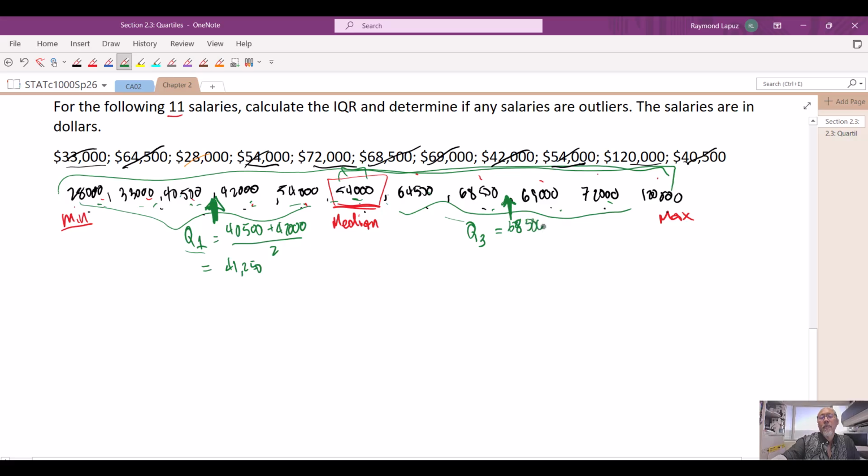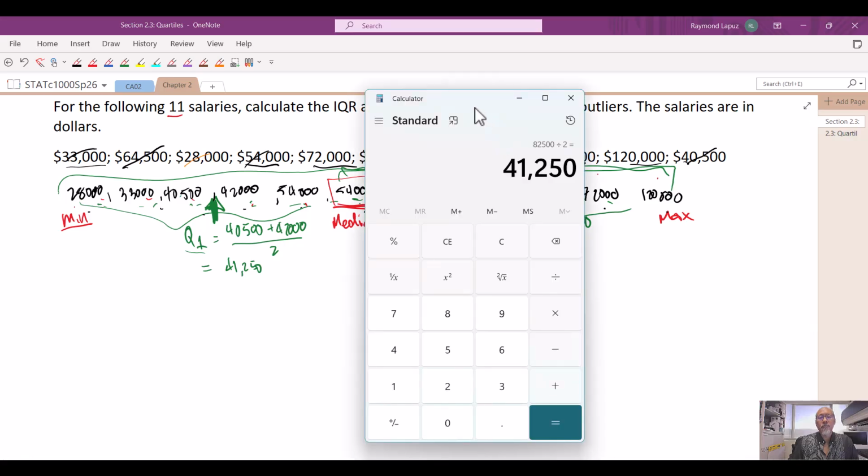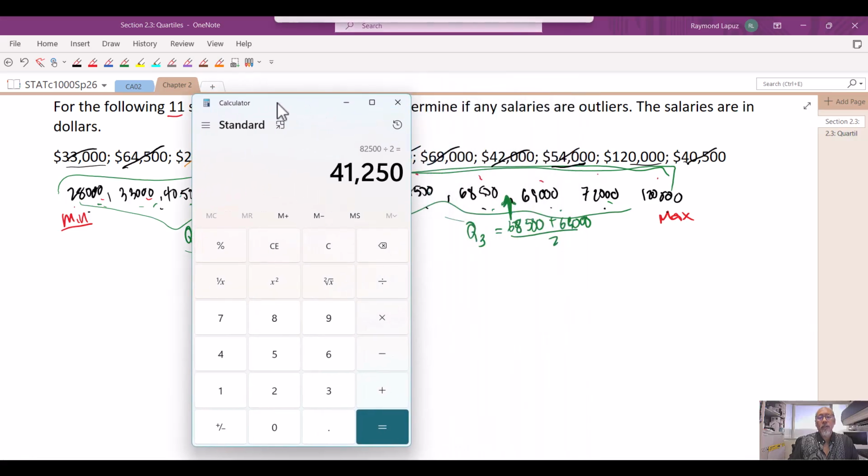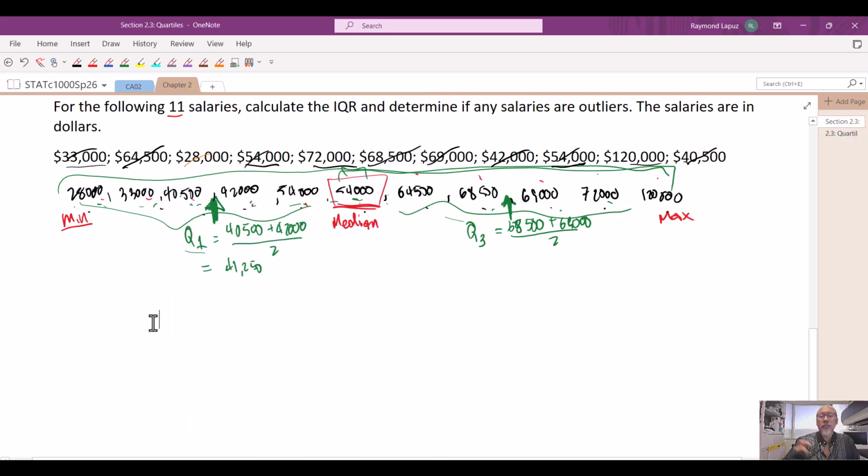68.5 plus 69 divided by 2. So again, with a calculator, 68.5 plus 69, and hit equals first, and then we'll divide that by 2, and then we'll get 68.75.